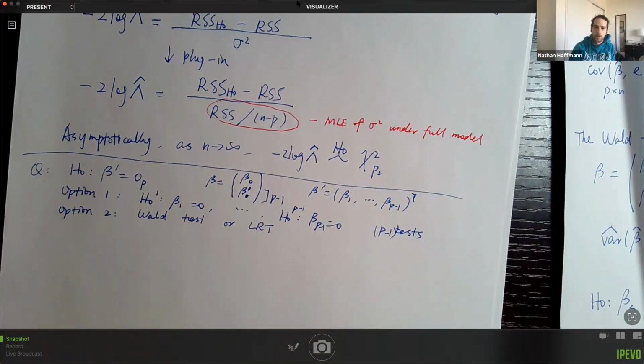Can't they be jointly significant but individually insignificant? Can it be jointly significant but not individually significant? Is that what you said? Yeah, I think that'd be a reason to use the Wald test or likelihood ratio test. Exactly, that's very likely.